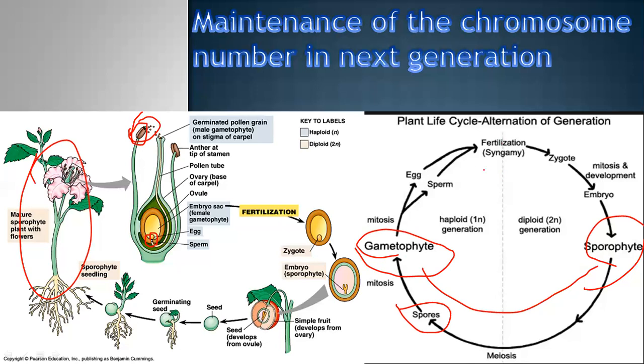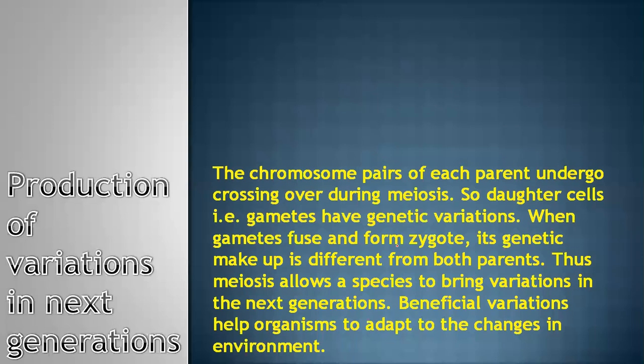This is called alternation of generation. It means from the sporophyte plant we get the gametophyte generation, and from the gametophyte generation we again get the sporophyte plant. So gametophyte will change into sporophyte, and sporophyte will give rise to the gametophyte generation. This is called alternation of generation.